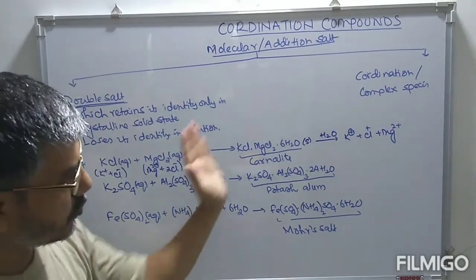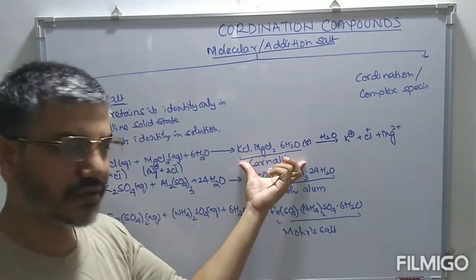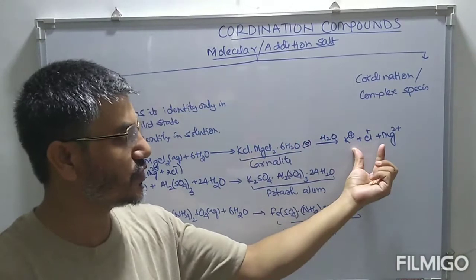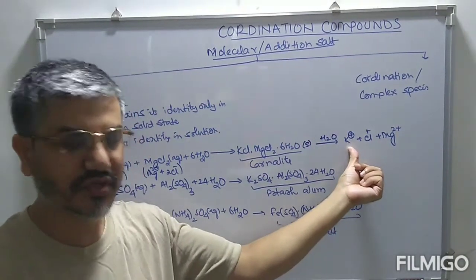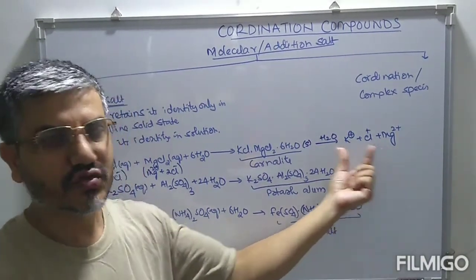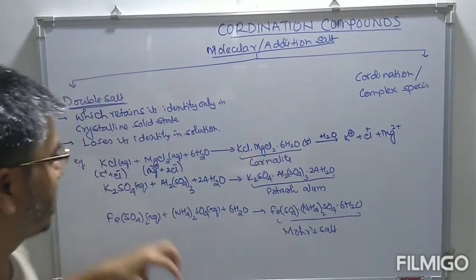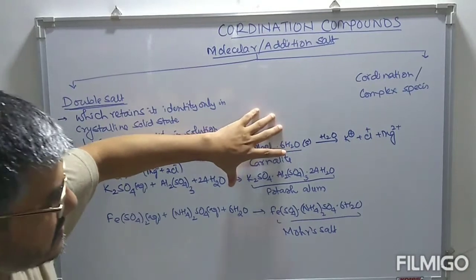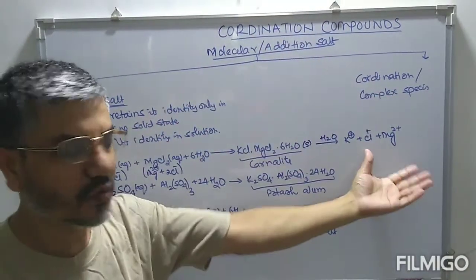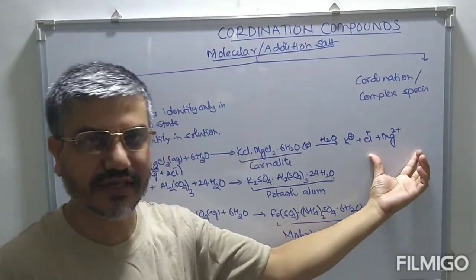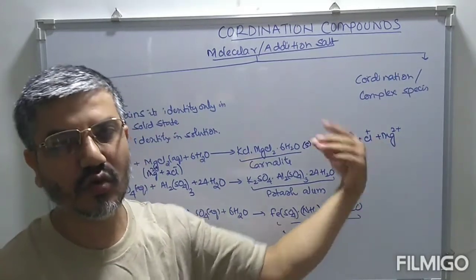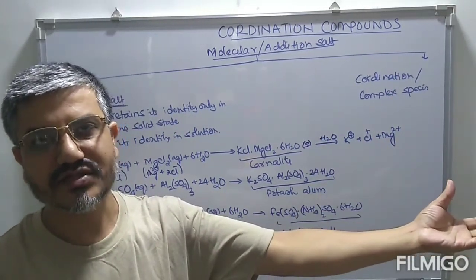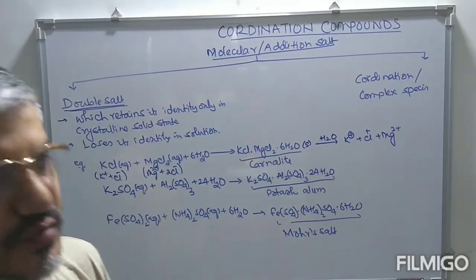So the aqueous solution of this salt will also give you the test of chloride ion, potassium ion, magnesium ion. So this salt exists in solid. Once this is dissolved in water, this converts into free cations and free anions, and this will give you all the tests of individual cations and anions present.